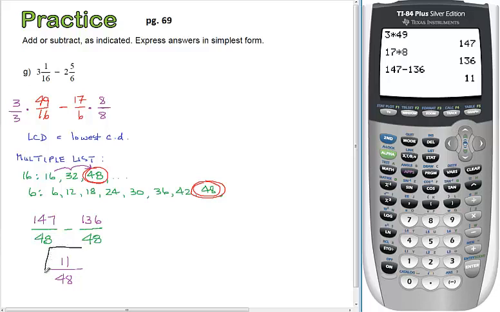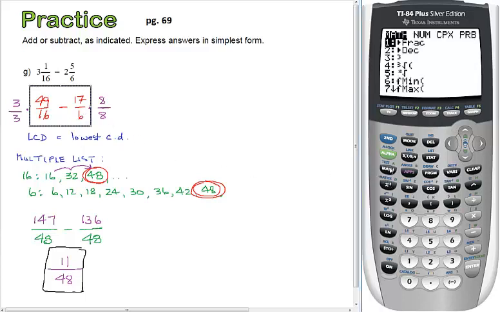Now we did that using what? We did that using common denominators found from a multiple list. Now when we got to this stage right here, we could have used a calculator to find the lowest common denominator between 16 and 6. I'll show you how to do that once again.